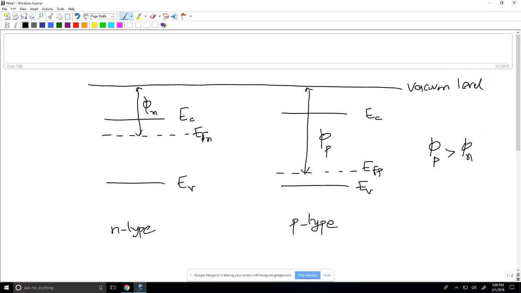In this course, we have so far looked at metal semiconductor junctions, which can be Schottky or ohmic junctions. And we have also looked at semiconductor junctions, which are primarily PN junctions. So let us try and draw some of these again using these energy band diagrams to help us clarify some of these points.